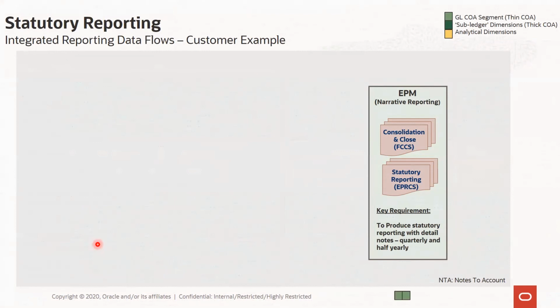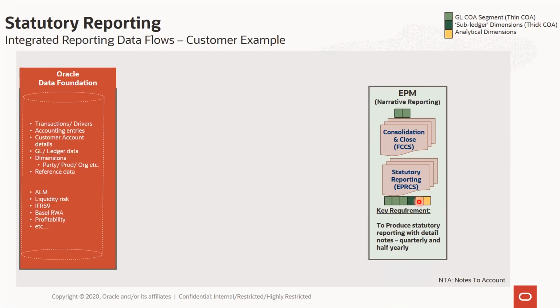As we see in organizations, typically the consolidation and close happens at a higher level of grain, which means at the level of general ledger balances. But when it comes to statutory reporting, a lot more detail is required, especially across different accounts.